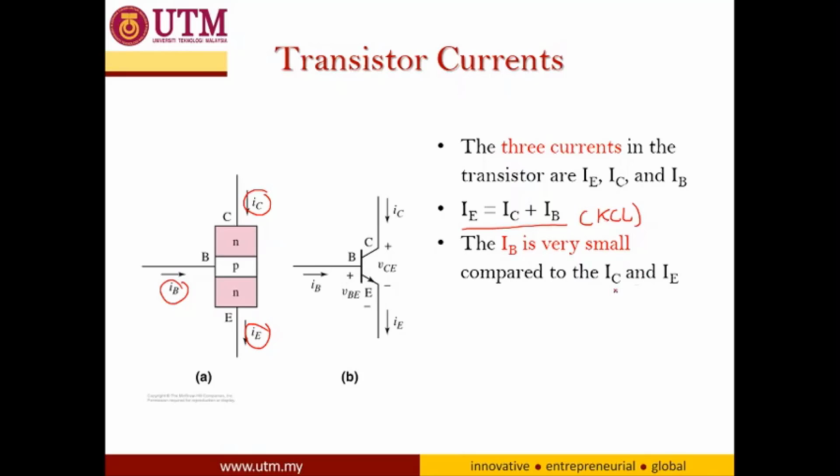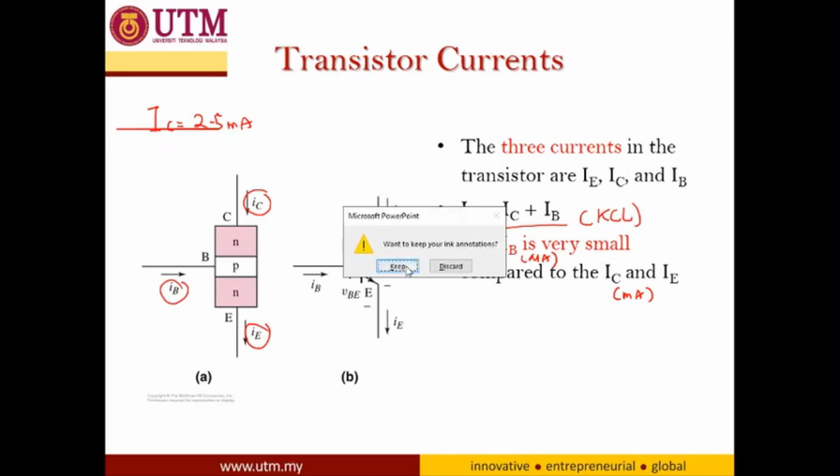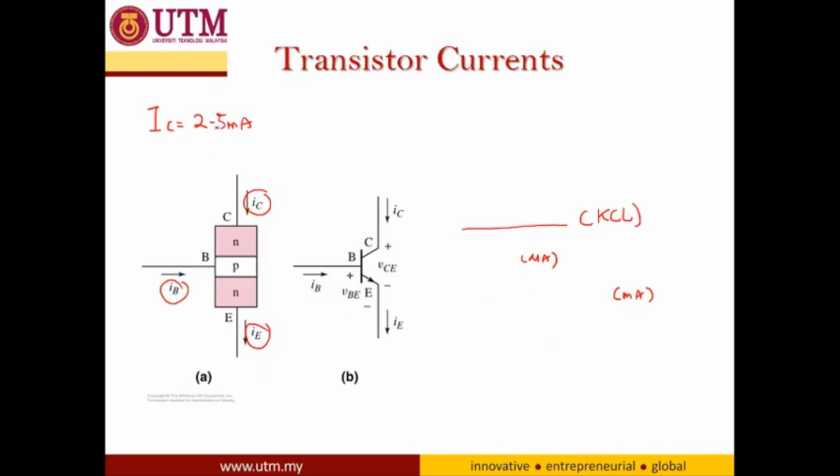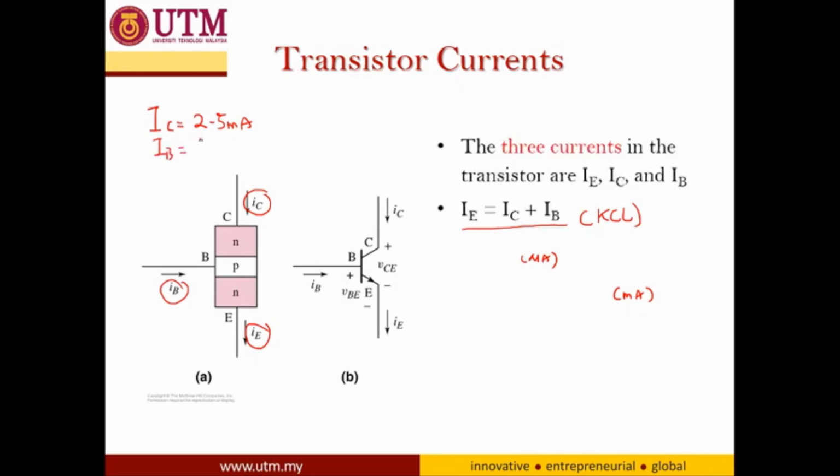In general, IC and IE are in milliampere, however IB is in microampere. Let's say IC is 2.5 milliampere, and IB is 20 microampere.